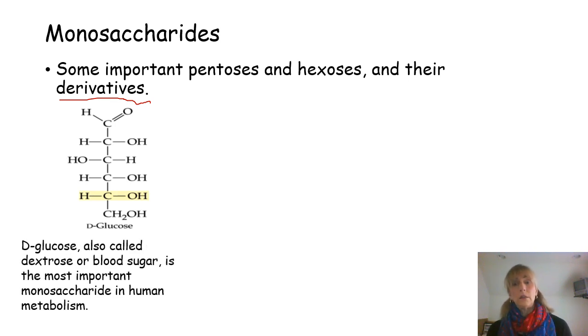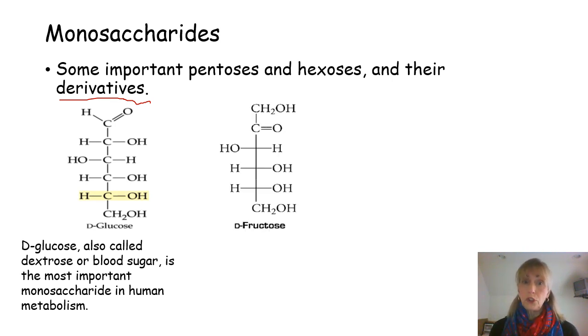It is known commonly as dextrose or blood sugar, and it is the most important monosaccharide in human metabolism. So you should be familiar with what D-glucose looks like.